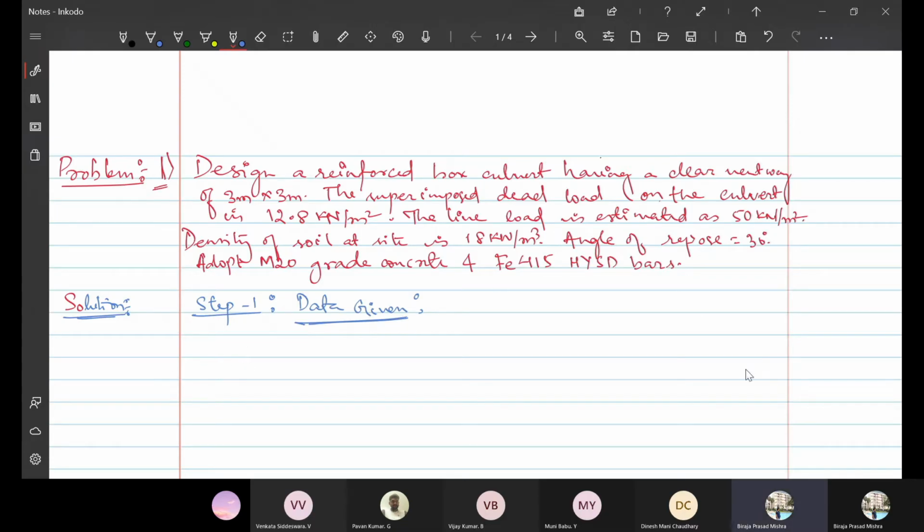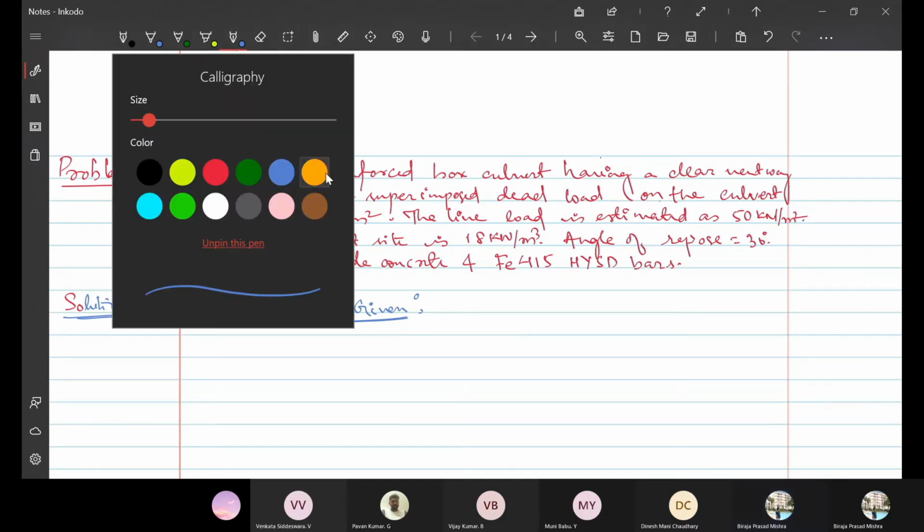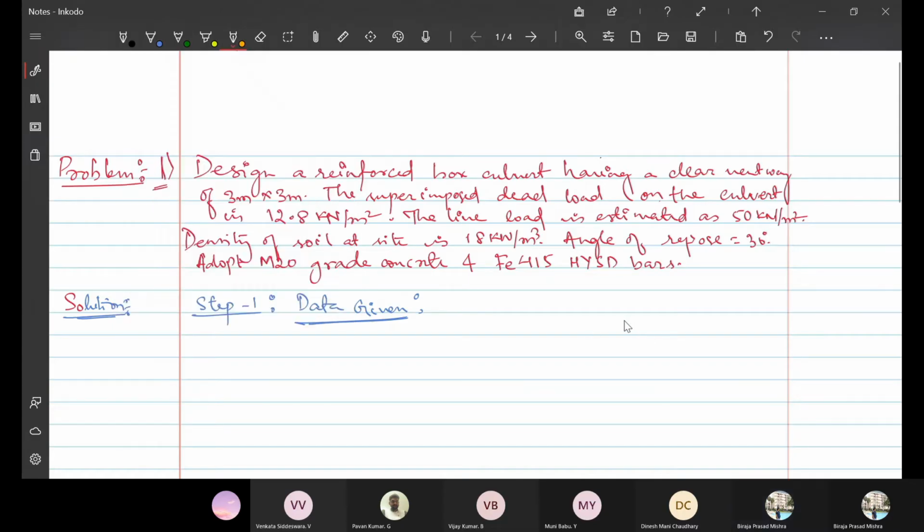Before I go to the data given, I would like to talk about what are the details given in the question. In the question it is given that this is the box culvert, and the cross section is in the shape of a square.